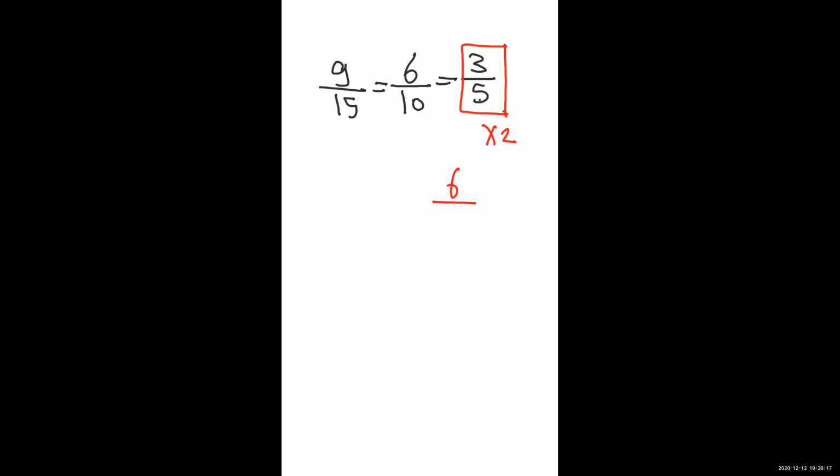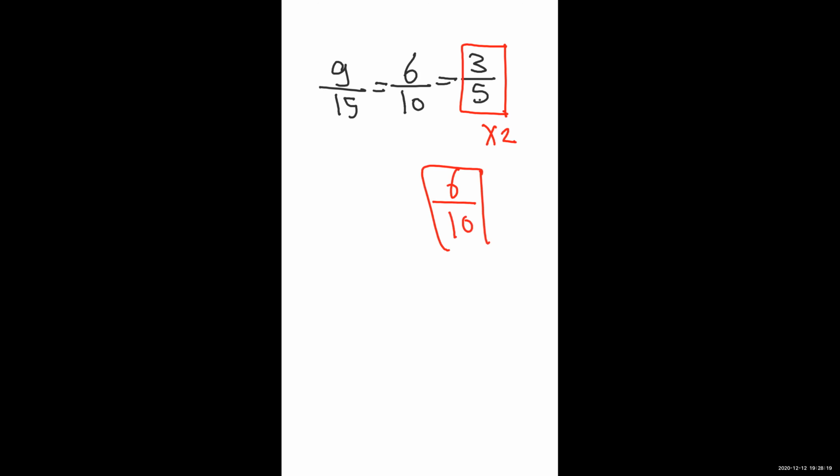I mean like if there is 9 over 15 equals 6 over 10 equals 3 over 5. So if I multiply one of these ratios by a number, for example, if I multiply this one by 2, it becomes 6 over 10.